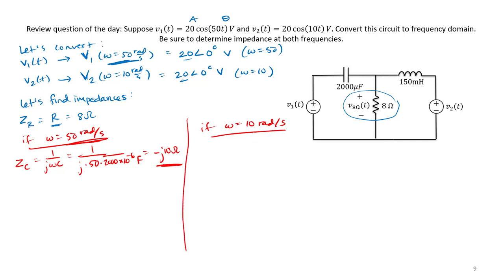But if we're at 10 radians per second, notice what happens. Notice now we're multiplying our denominator by 10, and for the 10 radian per second case, we will end up with minus j50 ohms for that capacitor's impedance.